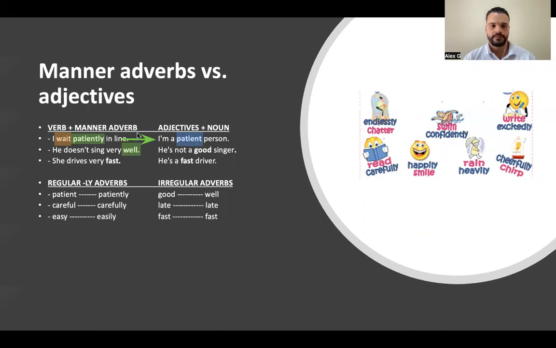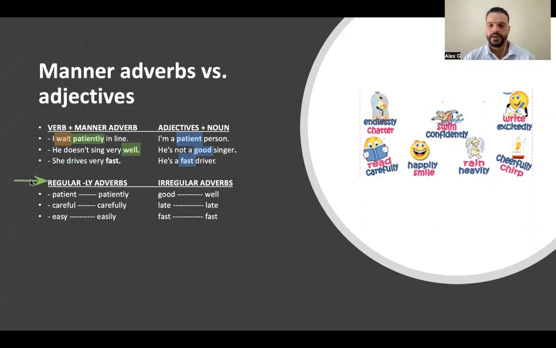Another example is, he's not a good singer. He's a fast driver. All of these are examples of adjectives plus a noun. Remember that fast is going to be also an adjective and an adverb, okay?